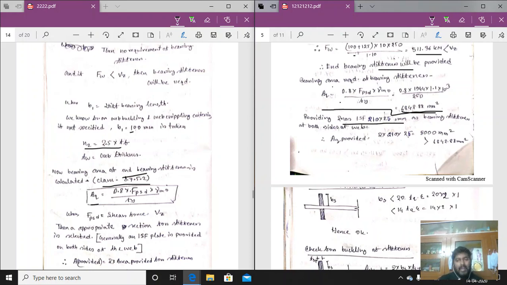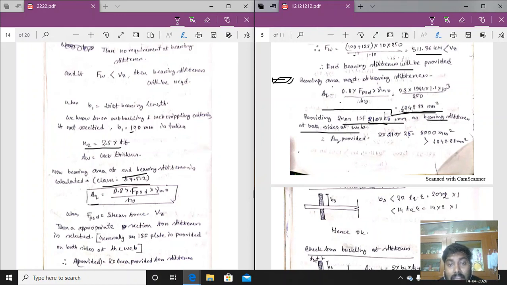Okay, so I am taking here the ISF 210 into 25 mm as the bearing stiffener on both sides of the web. So 210 into 25 mm. The width is 210 and the thickness of the plate is 25.